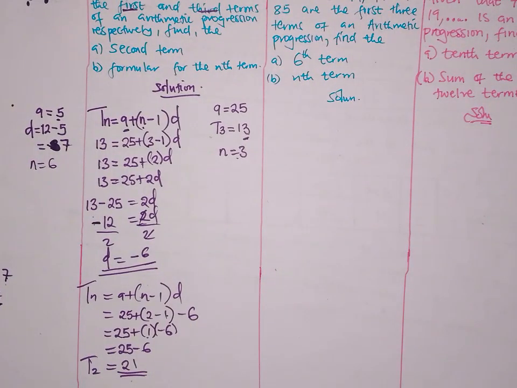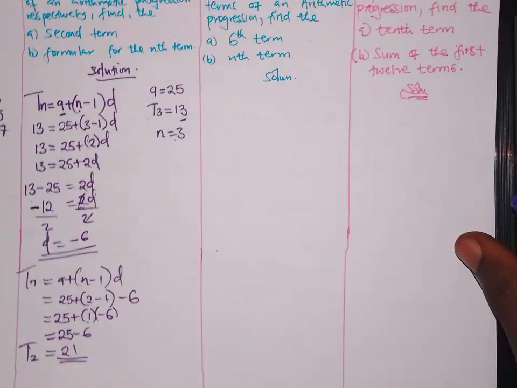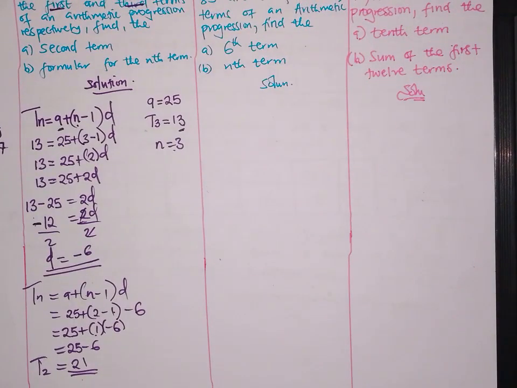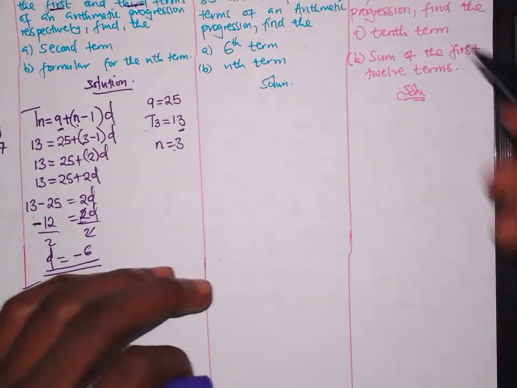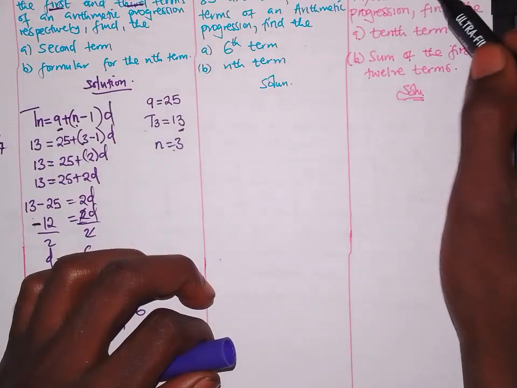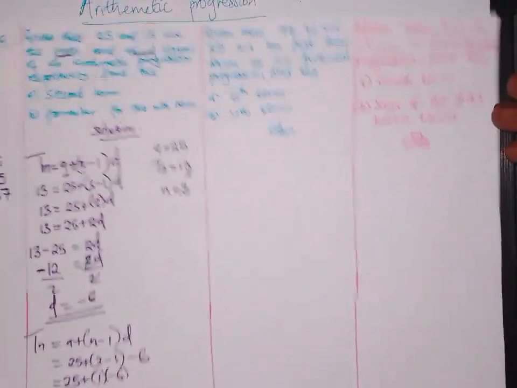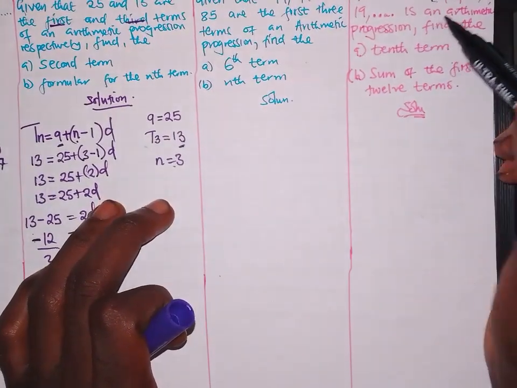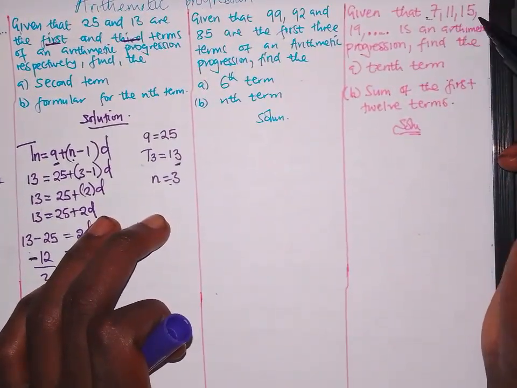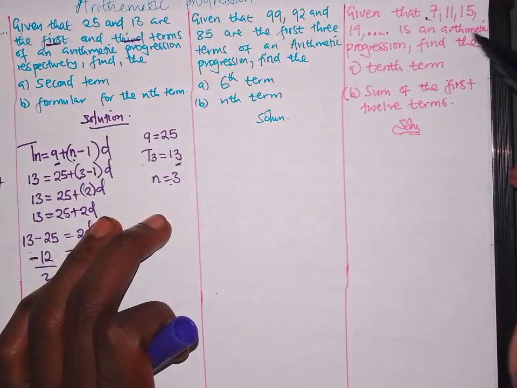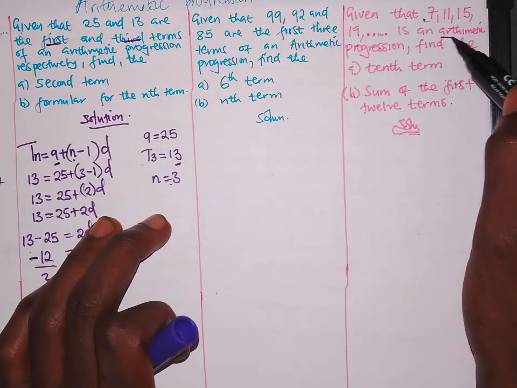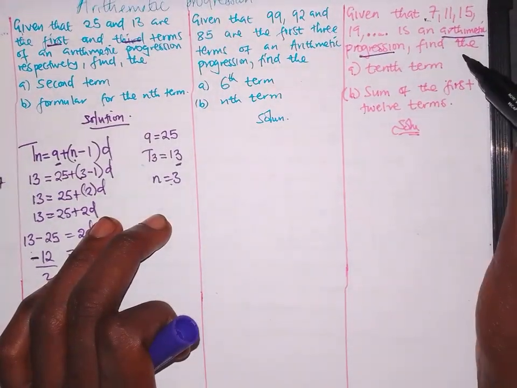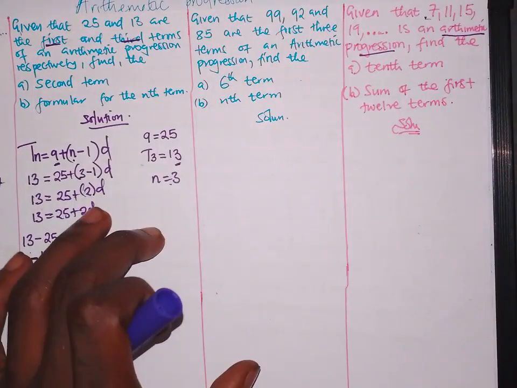So let's look at the final question. The final question is saying, given that 7, 11, 15, and 19 is an arithmetic progression, find the 10th term.